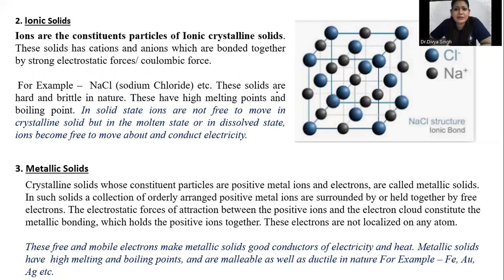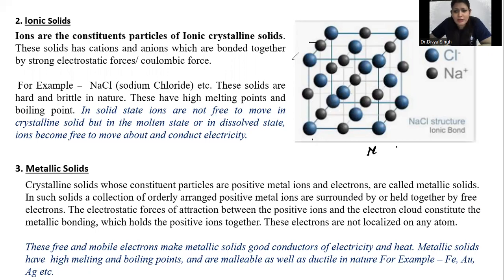What we are seeing in this, one is sodium, one is chlorine. So they are forming a bond by a strong electrostatic force of attraction in this entire solid, and no cation or anion is free in this. This leads to the formation of a strong electrostatic force of attraction between them because of the difference in cation and anion charge.